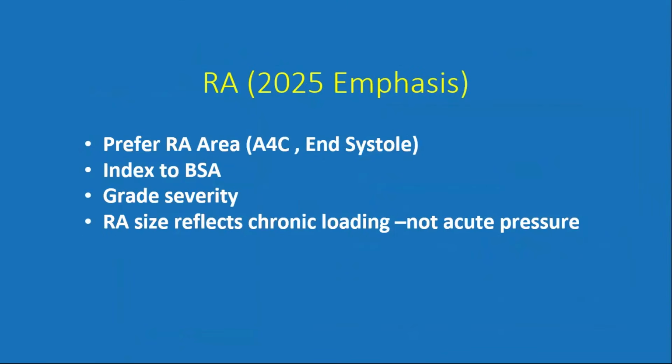Coming to the right atrium, what is emphasized in the 2025 guidelines? Prefer RA area in the 4-chamber apical view, measure it at end systole, index it to the body surface area, and grade the severity. RA size reflects chronic loading, not acute pressure.